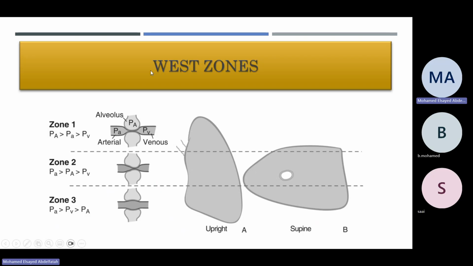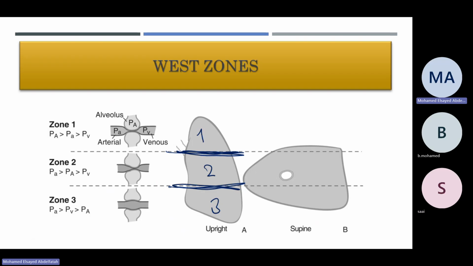Okay, so let's now talk about the West zones. What are West zones? West zones divide the lung into 3 zones by 2 imaginary lines. Okay, the 2 imaginary lines divide the lung into 3 zones, West zone 1, 2, and 3.